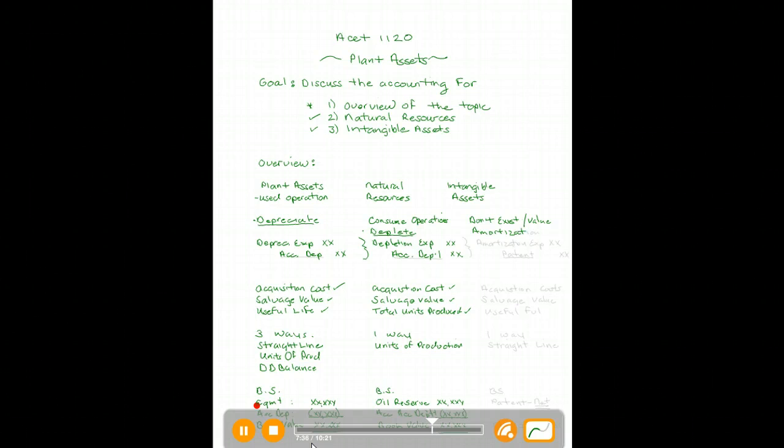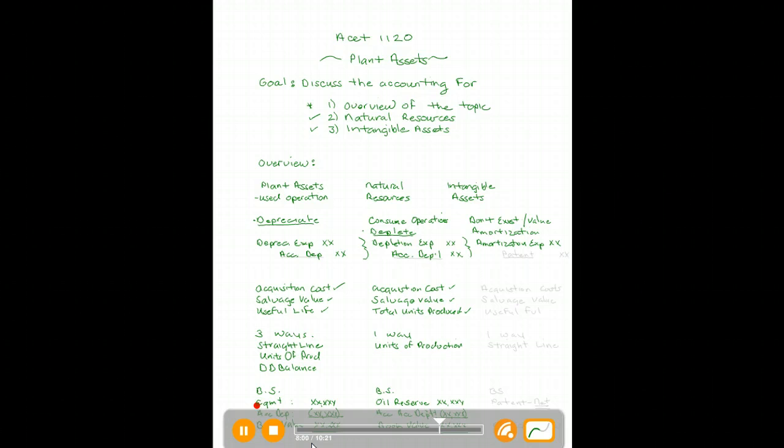Amortization expense. And the entry to write them off is not depreciation expense or depletion expense, but it's like that. It's amortization expense. And here's something interesting. Although you could go to an accumulated amortization account, generally we don't.